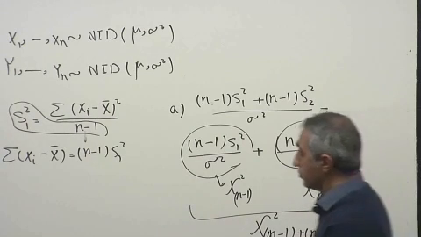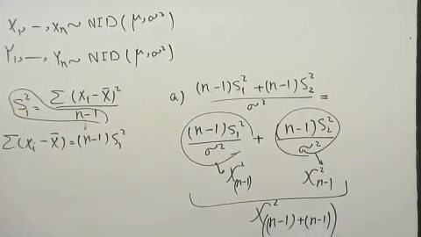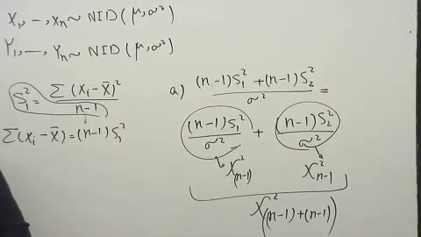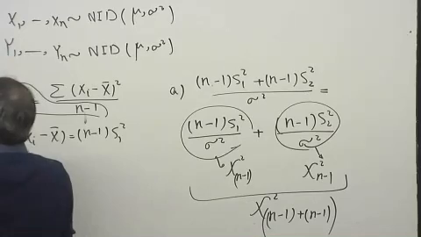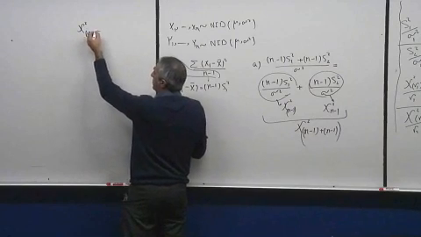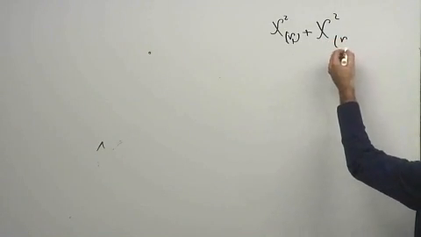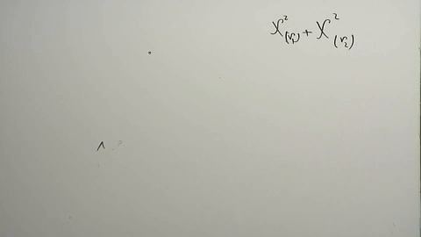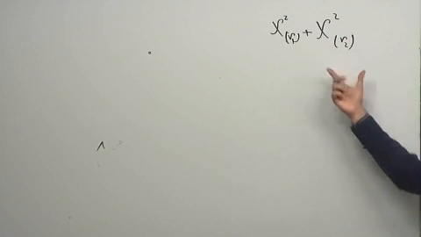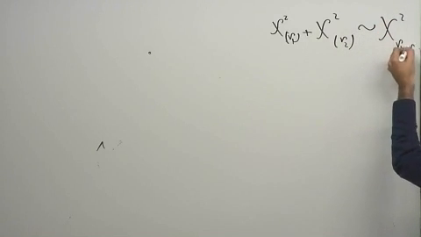If I do remember, there was a fact saying if you have a chi-squared with nu 1 degrees of freedom, and another chi-squared with nu 2 degrees of freedom, and they are independent, this follows a chi-squared with nu1 plus nu2 degrees of freedom.